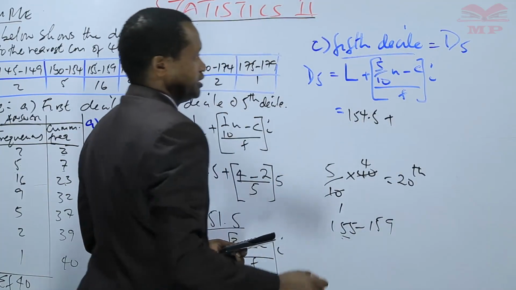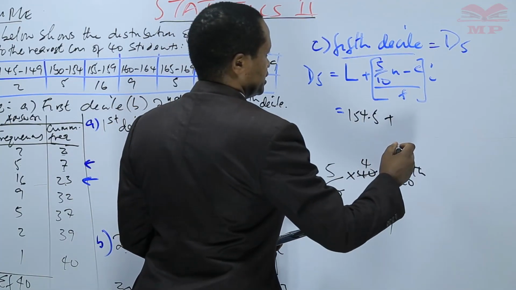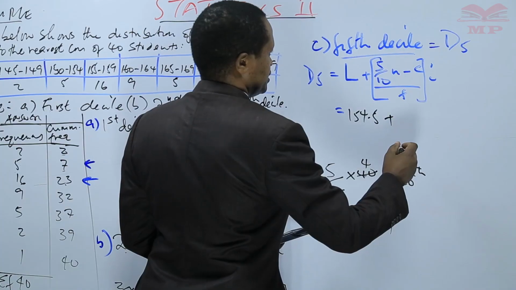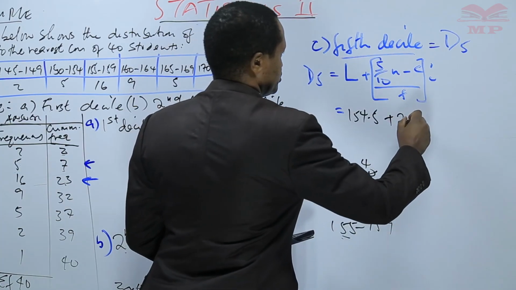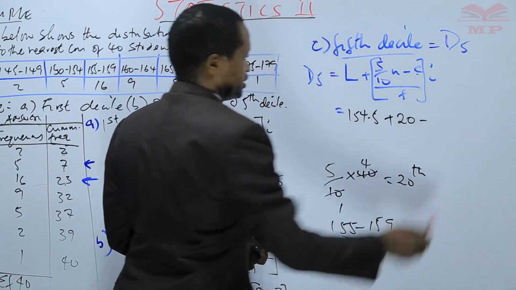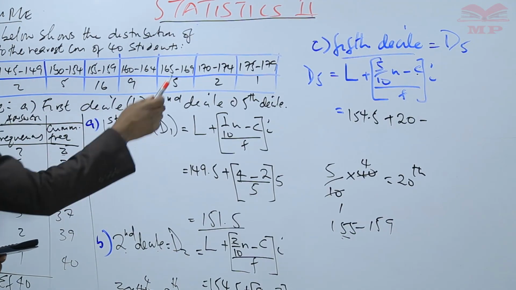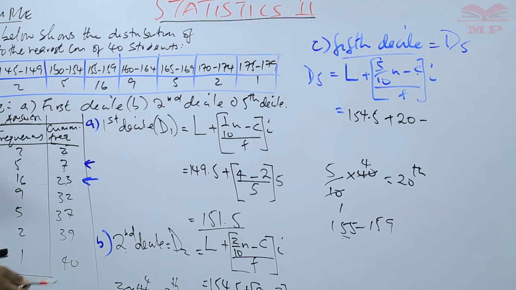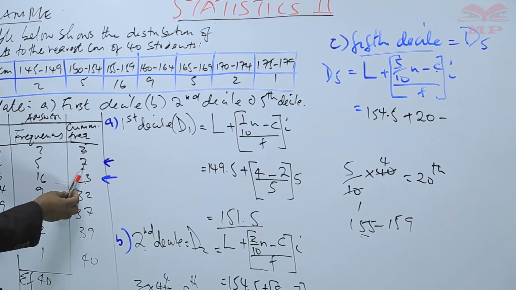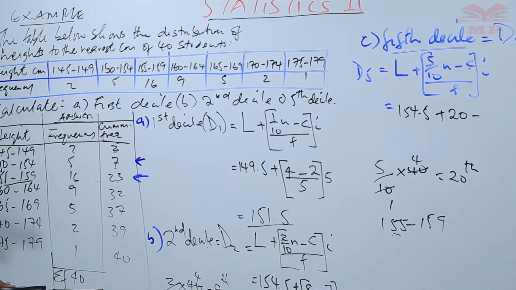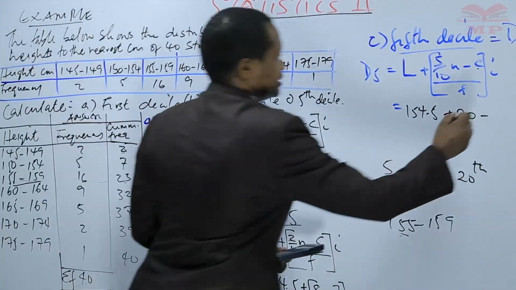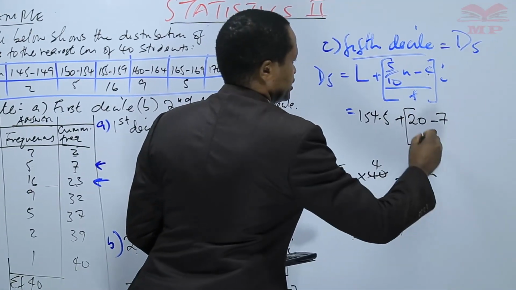We add 5 over 10 times 40, which is equal to 20, minus the cumulative frequency above the fifth decile class. Cumulative frequency here is 7. So we minus 7.